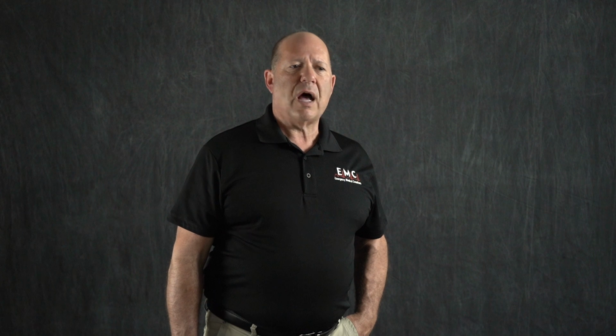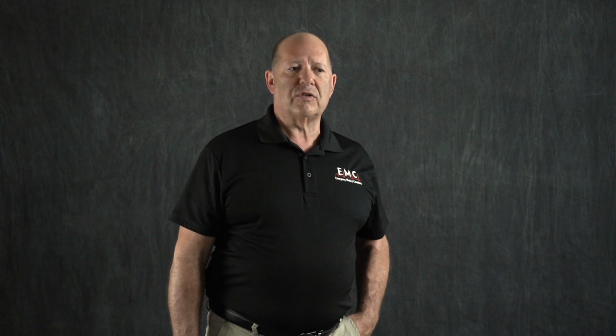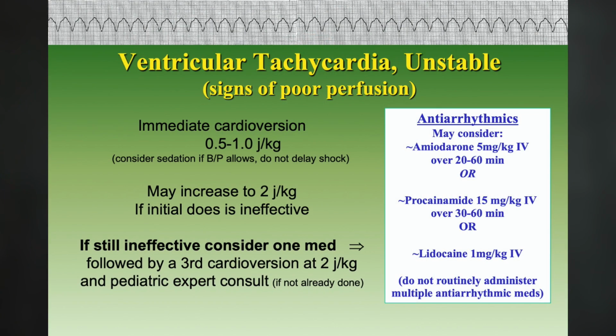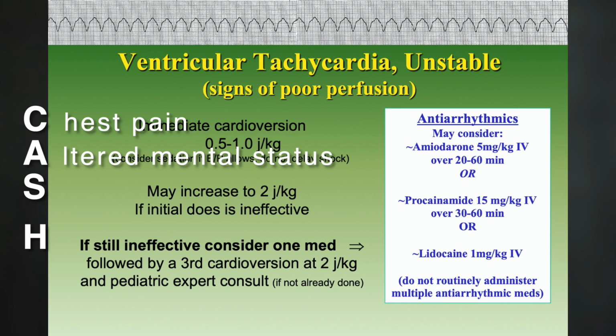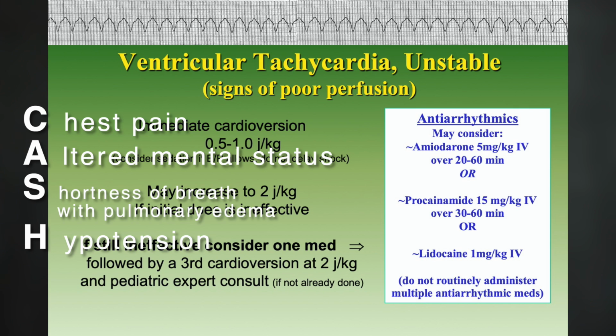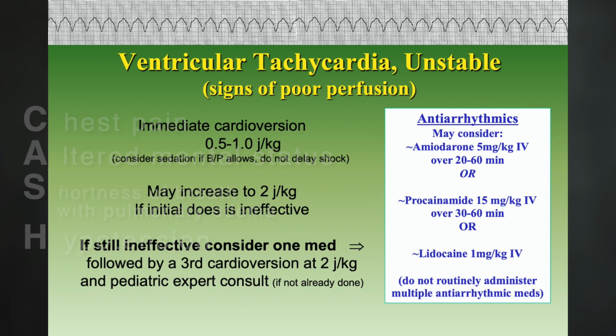At any point in time, if the patient becomes unstable with ventricular tachycardia, and just like the adult, we say if the patient has CASH: serious chest pain, altered mentation, shortness of breath with pulmonary edema, or hypotension, that being hypoperfusion, delayed distal pulse or capillary refill, those patients should get joules.